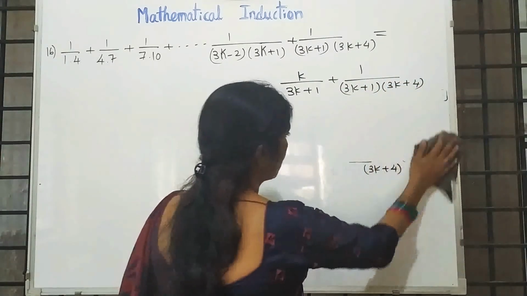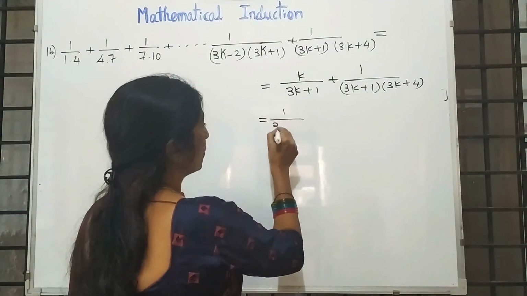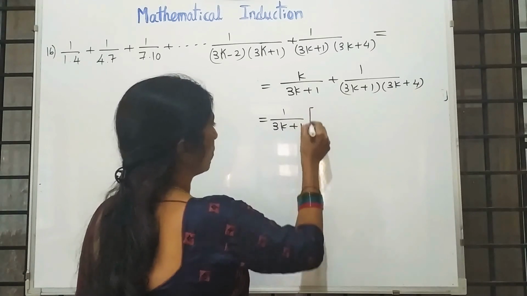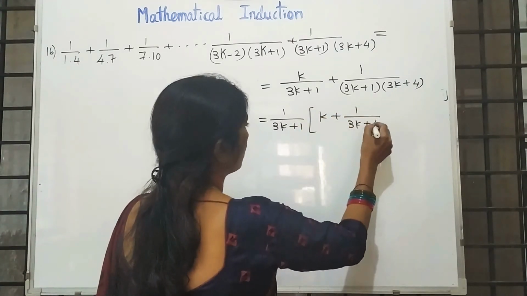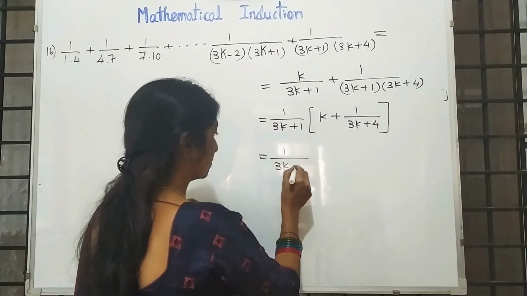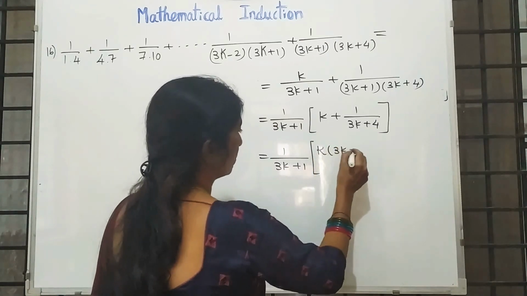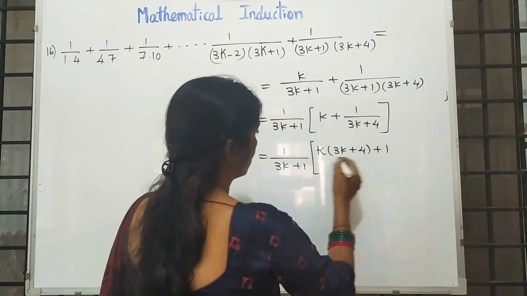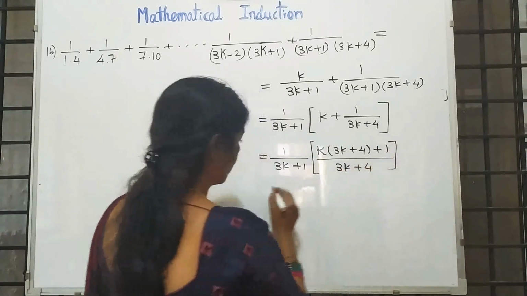Before taking an LCM, I will take the common term, 1/(3k+1). Now simplify.